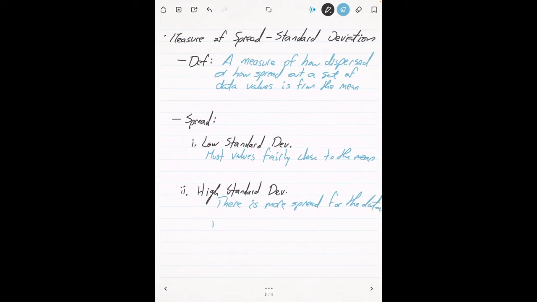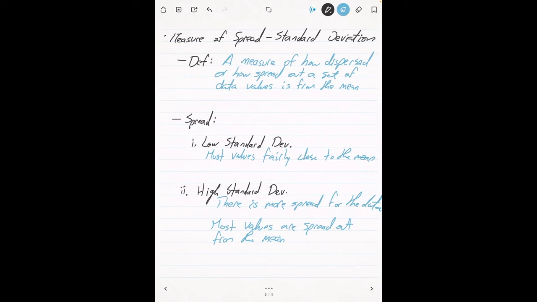Most values are spread out from the mean. Now, when I say most, I mean over half, over 50% of the data.